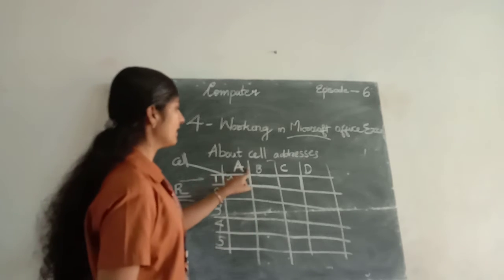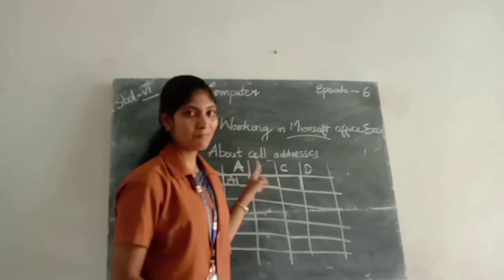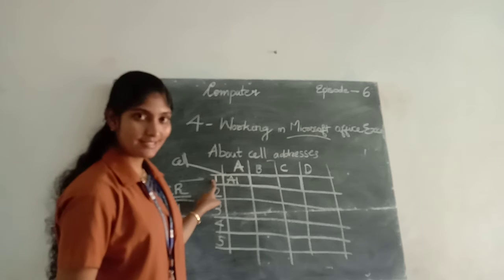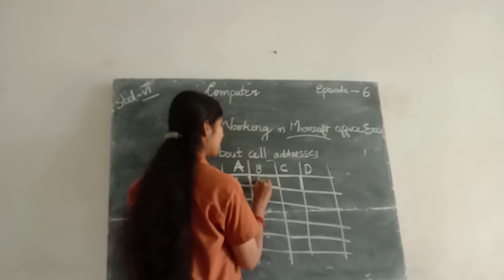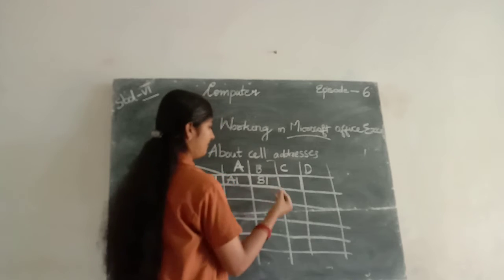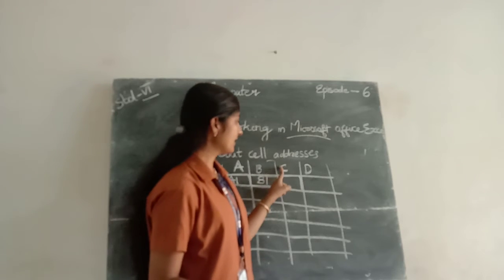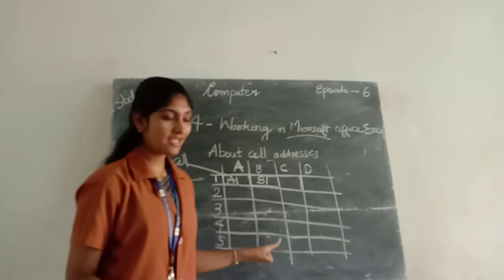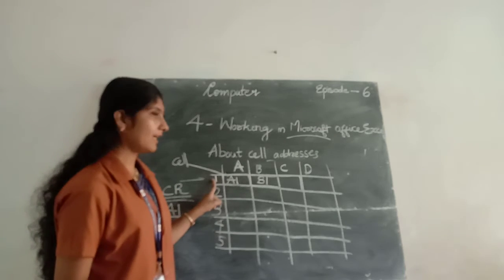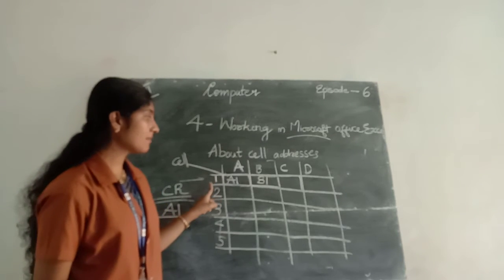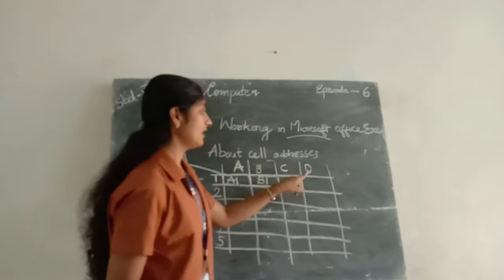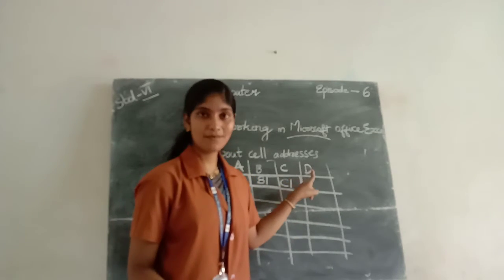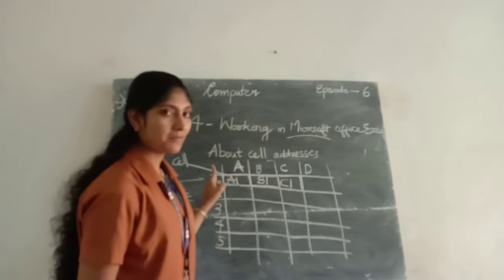Here the column name is B, and the row name is 1. So the cell address is B1. Then here the column name is C, and the row name is 1. So C1.